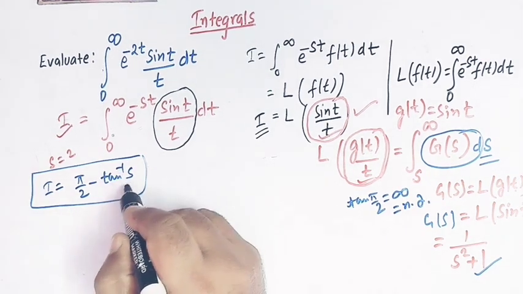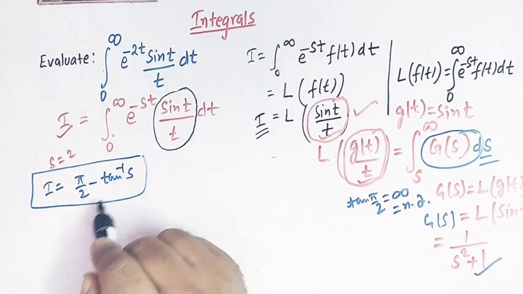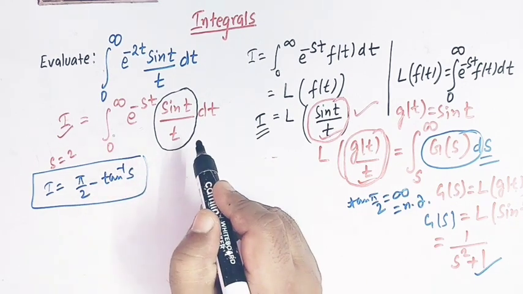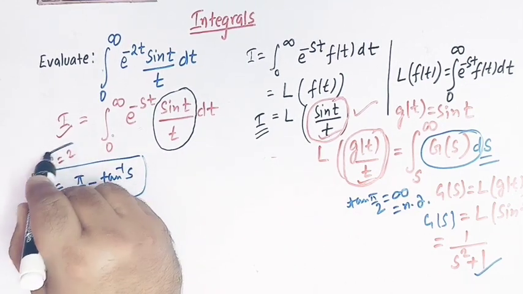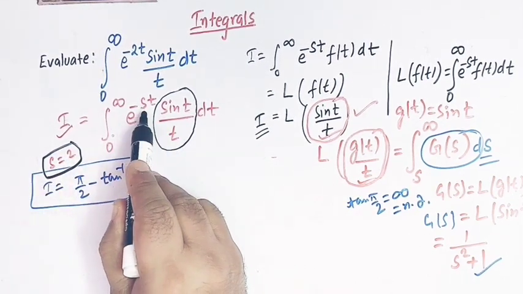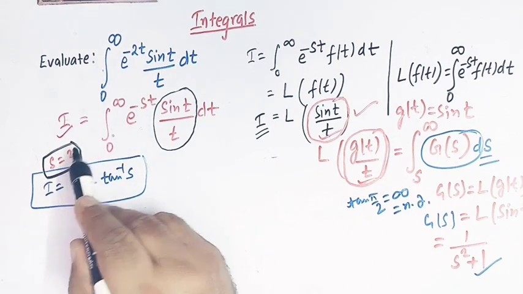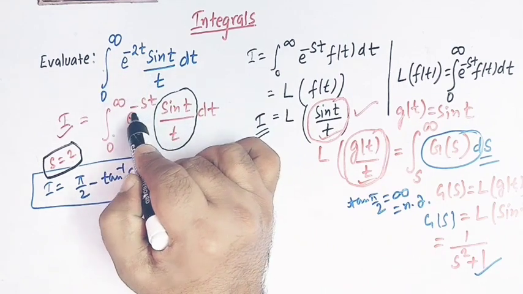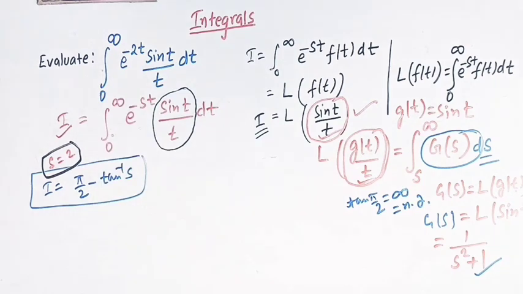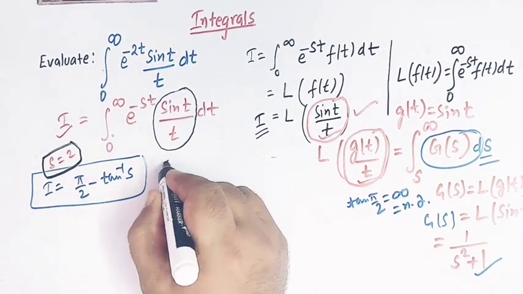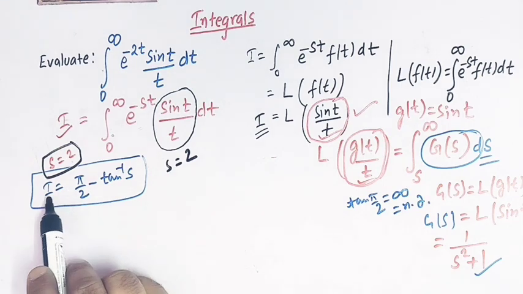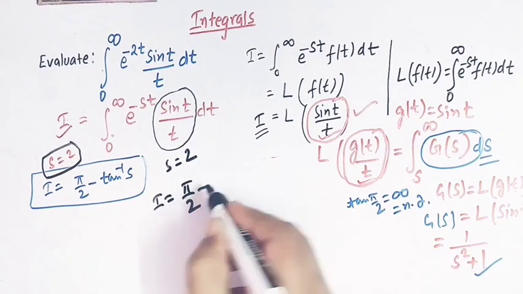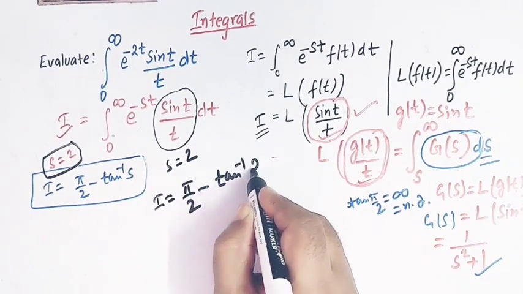So now if we take different permissible values of s, then we can evaluate different integrals. Here, if we take s equal to 2, then we get this integral, because here we have e raised to minus 2t, and here we have e raised to minus st. So taking s equal to 2, the value of this integral I is pi by 2 minus tan inverse of 2.